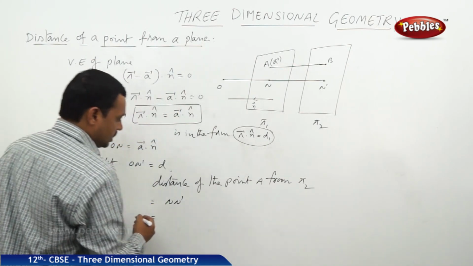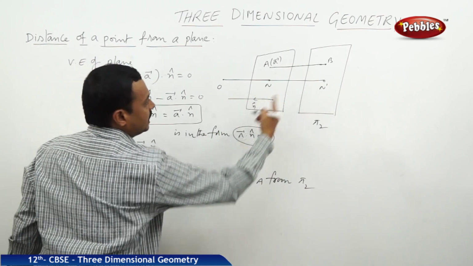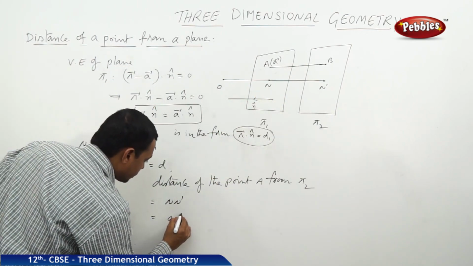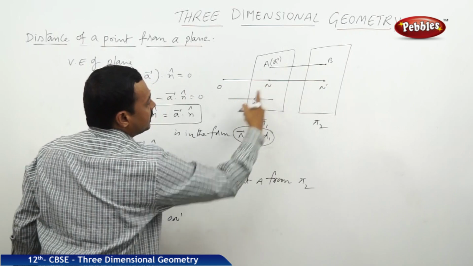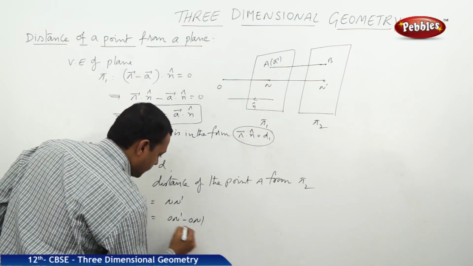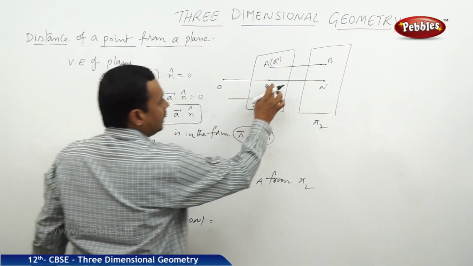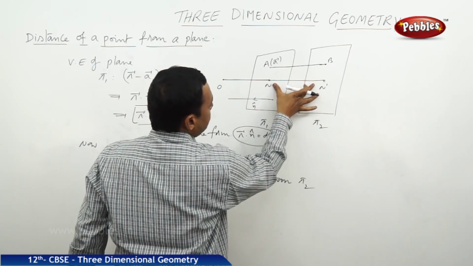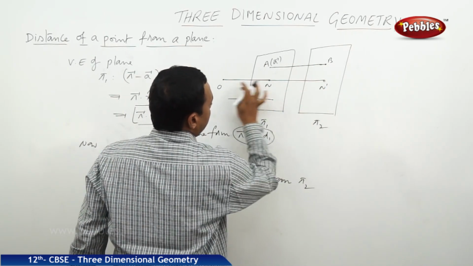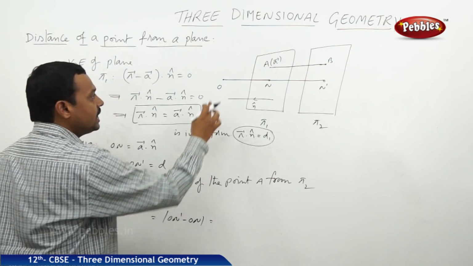NN dash is equal to ON dash minus ON. The length of NN dash is equal to ON dash minus ON. But ON dash is what?